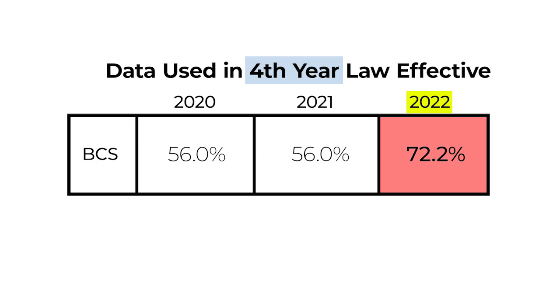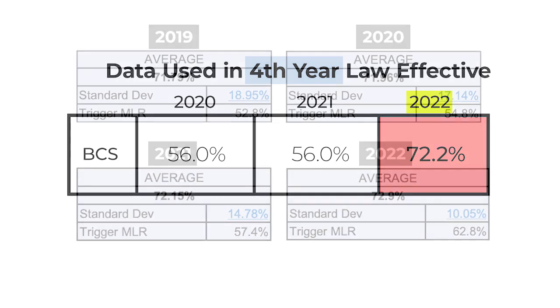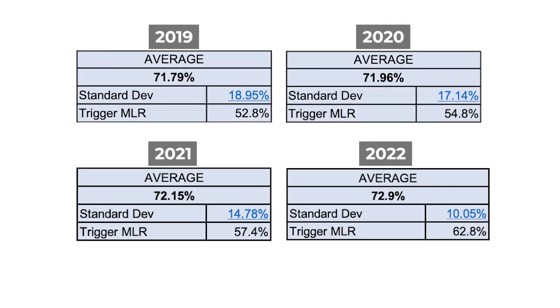And what Dr. Markarian is going to get into is what impact this has on those final numbers that I showed you at the very first year it was effective, down at the bottom of the spreadsheet. But what happens to that average? What happens to the standard deviation I talked about? And then what happens to the trigger MLR?